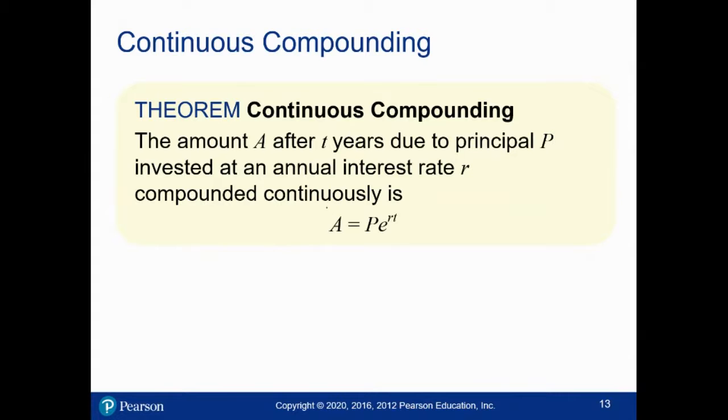This looks like a much simpler formula, Pert, okay? Compared to P times 1 plus r over n to the nt. This is kind of unpleasant when r and n are decimals or big numbers. And here I just have e, which your calculator can do just fine.